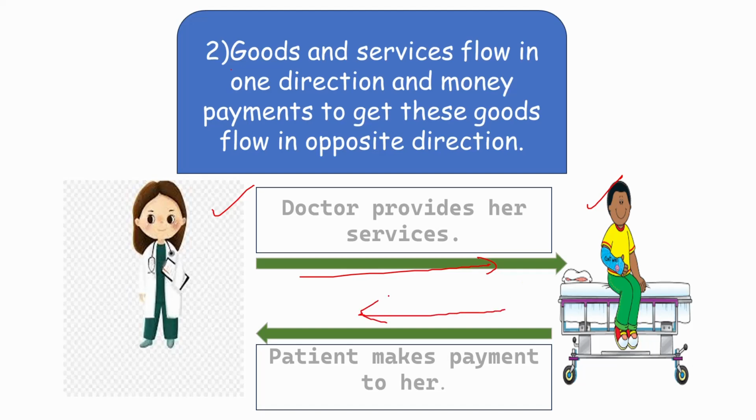So there is exchange of money and services in opposite direction. If this doctor is providing services in this direction, then money payment flows in this direction. So the flow of goods and services and money takes place in opposite direction. There will be no same direction, that is, the doctor will not give out services and also give money to this patient. This never happens. This is also very obvious and a basic thing that we see in everyday life.